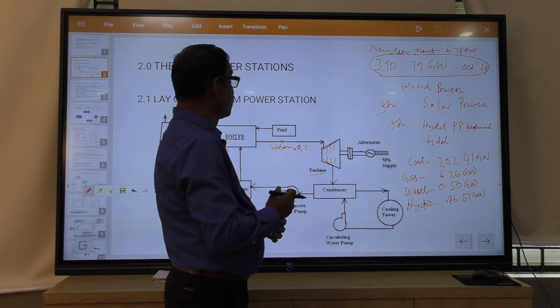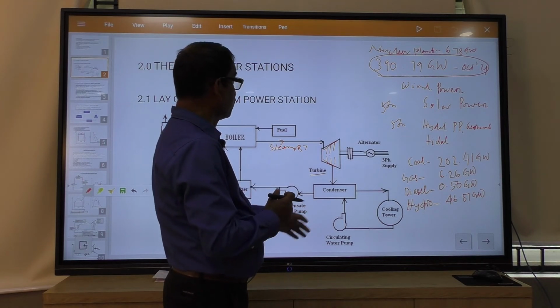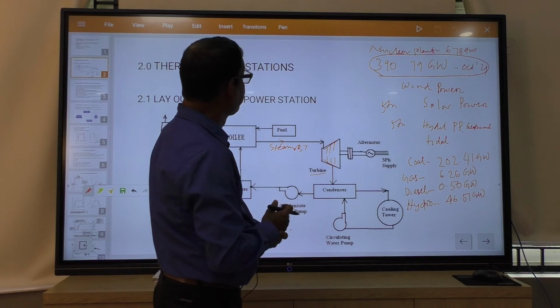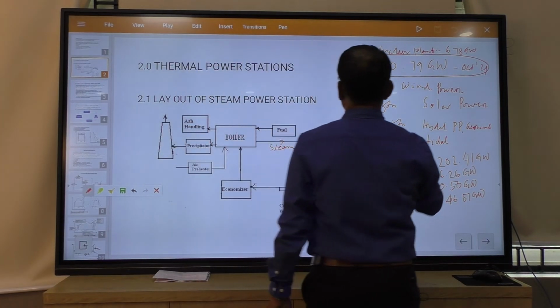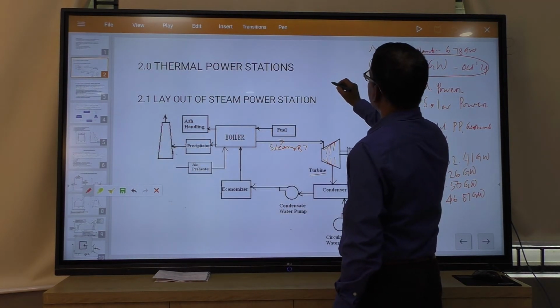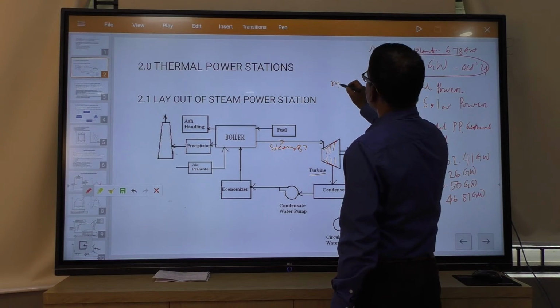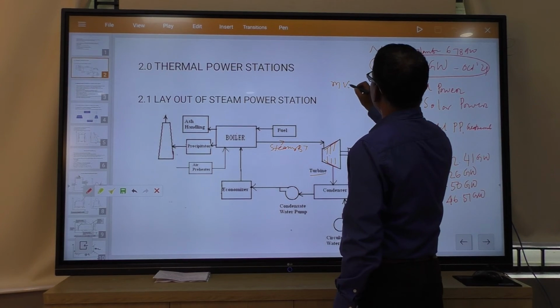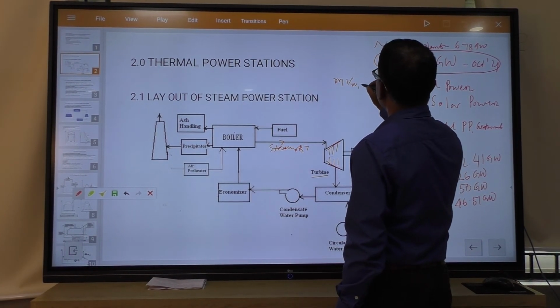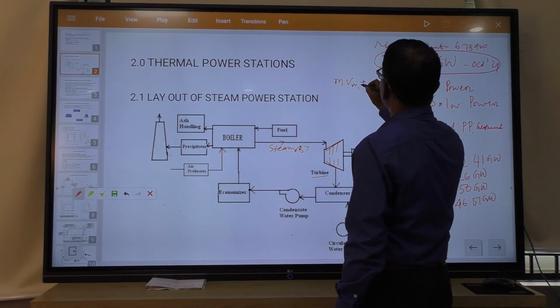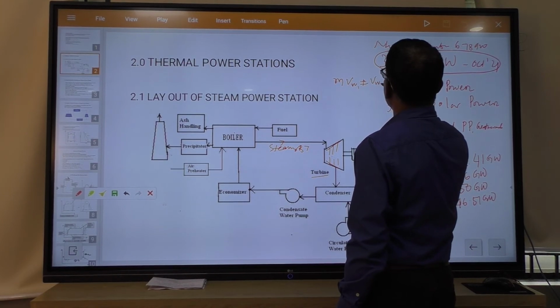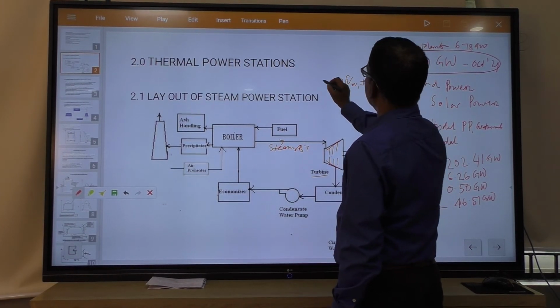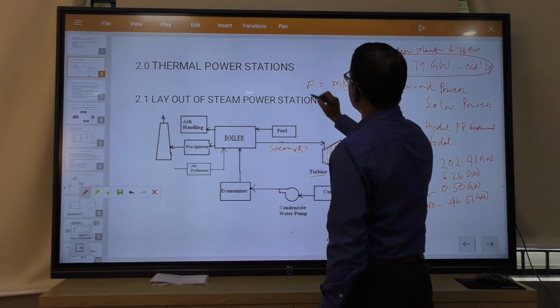That means we get force produced, due to the change in momentum: the mass of the steam into (Vw1 plus or minus Vw2), that is your mechanical force produced.